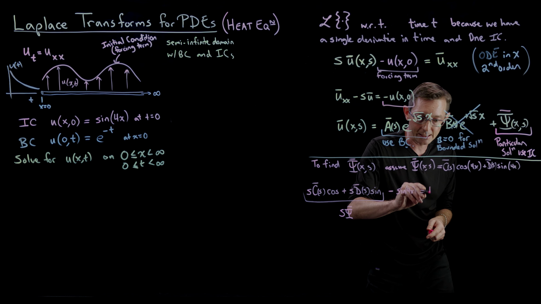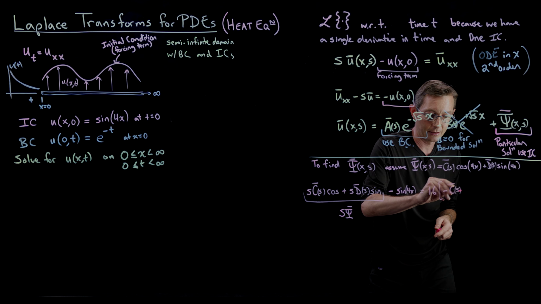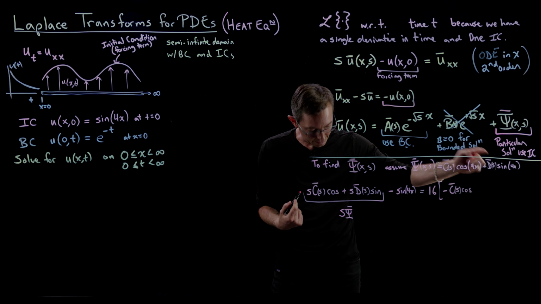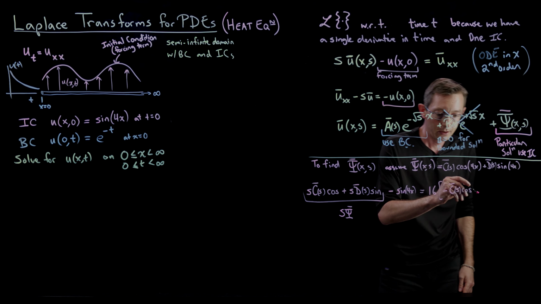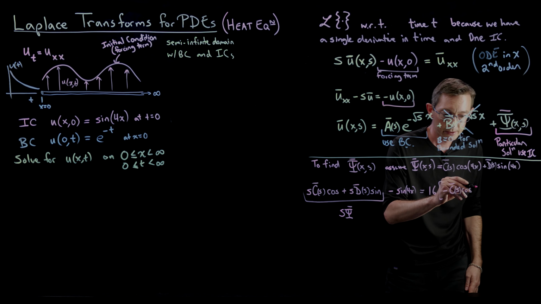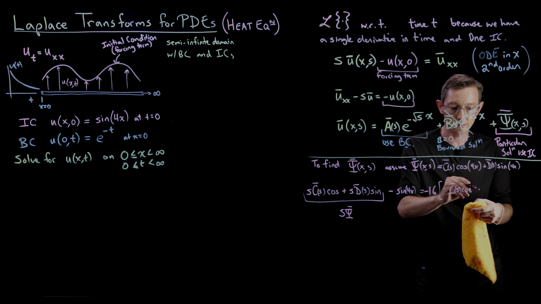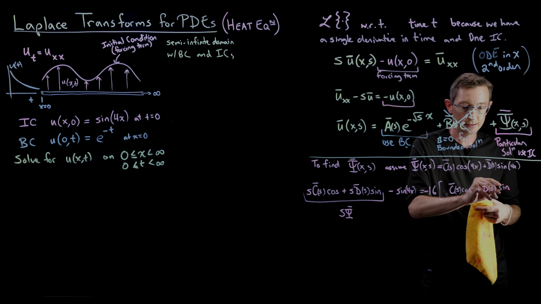So I'm definitely going to have a 16 times minus c bar s cos. And the second derivative of sine, again, is minus 16 sine. So maybe I'll pop this negative sign out front. So I get a minus 16 cs cosine plus ds sine.